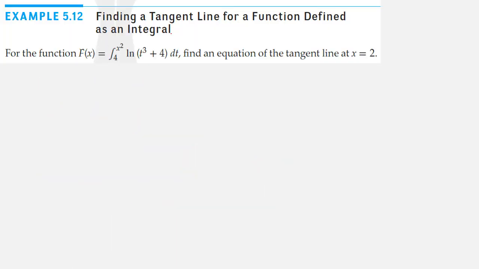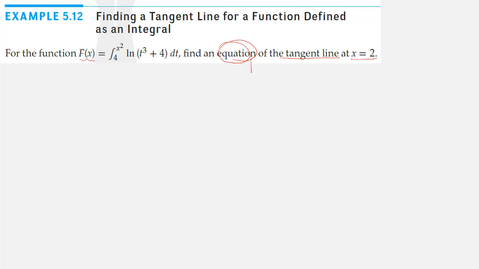find a tangent line for a function defined as an integral. They give us a function f of x, the integration from 4 to x squared of ln t cubed plus 4 dt. Find an equation. They want the equation of the tangent line at x equals 2.